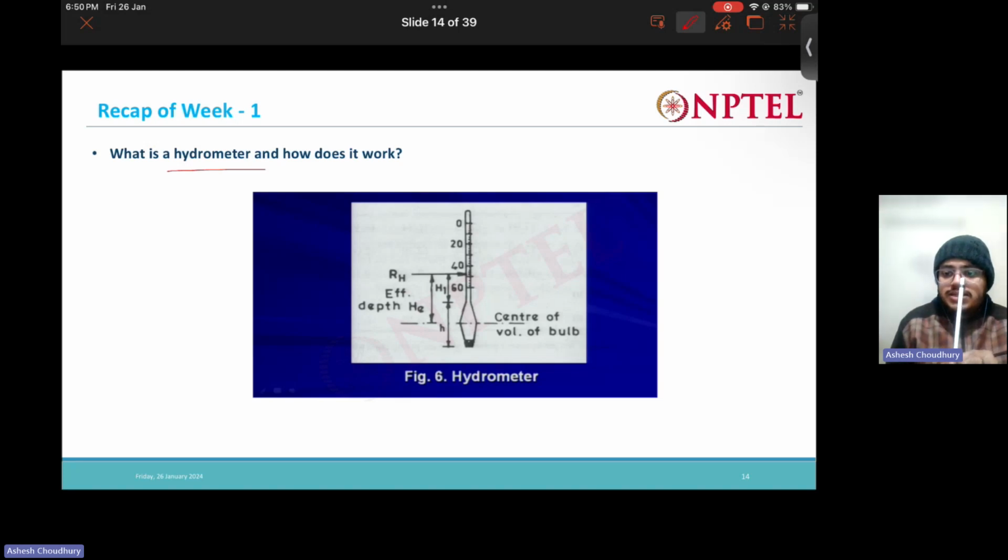We relate the reading RH, the reading that we take wherever the water intersects the hydrometer, to the effective depth HE. That effective depth HE is related to the particle diameter. We'll see how.